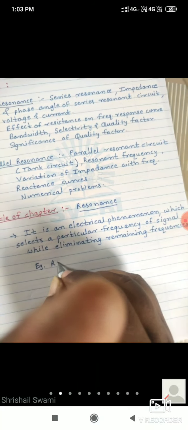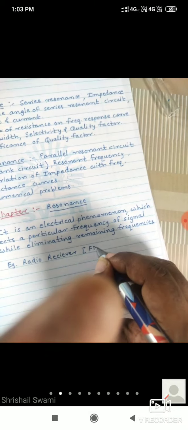So as an example I will give a radio receiver, or we can say FM radio. So here the name of the unit is what? Resonance. What do we mean by resonance?